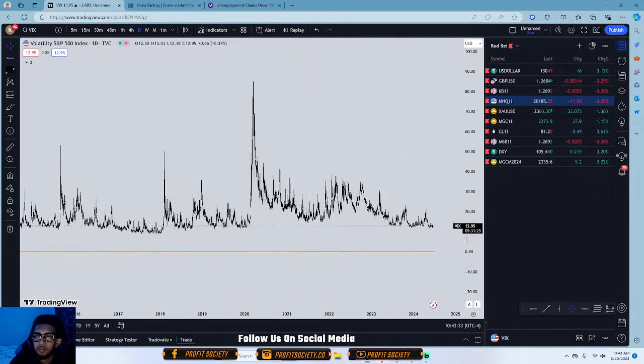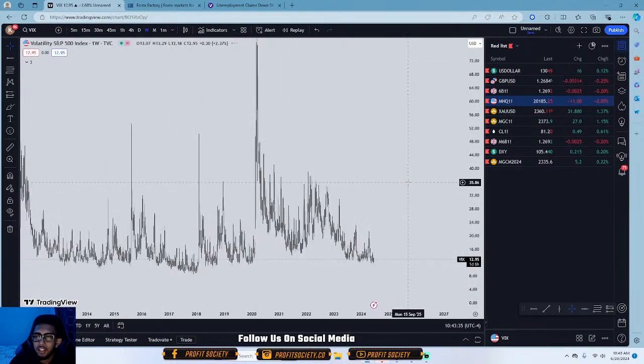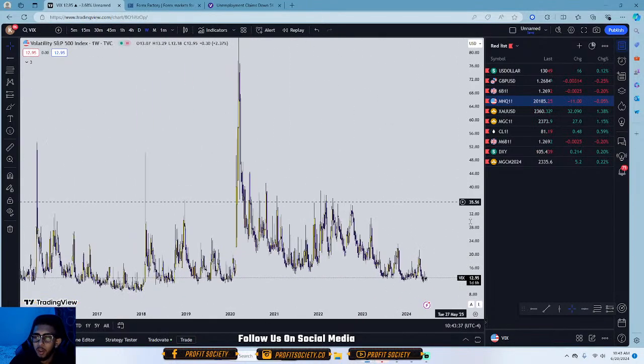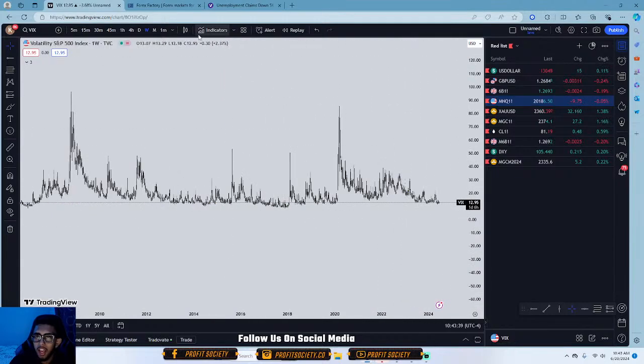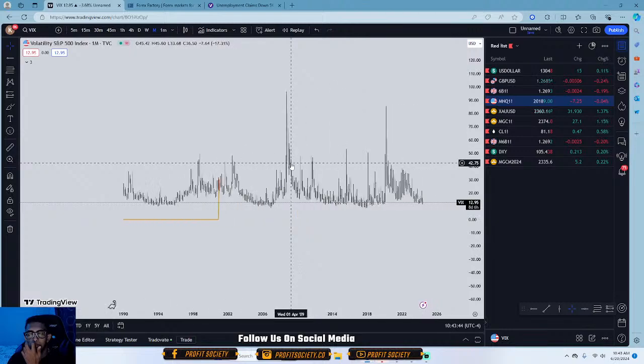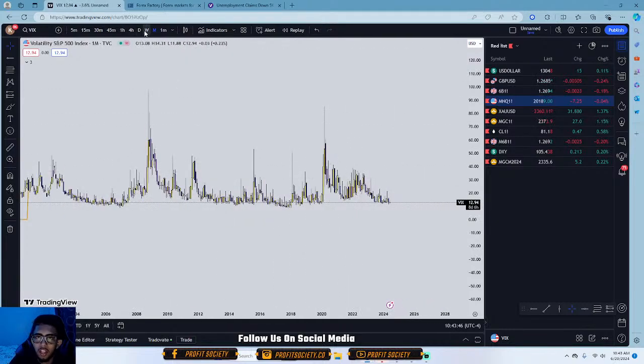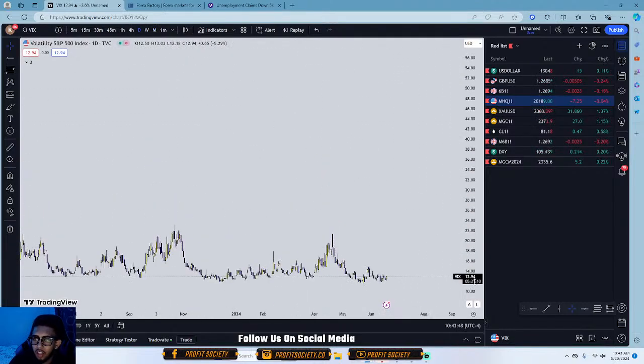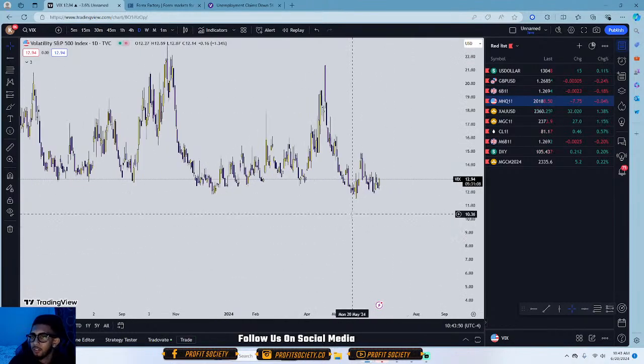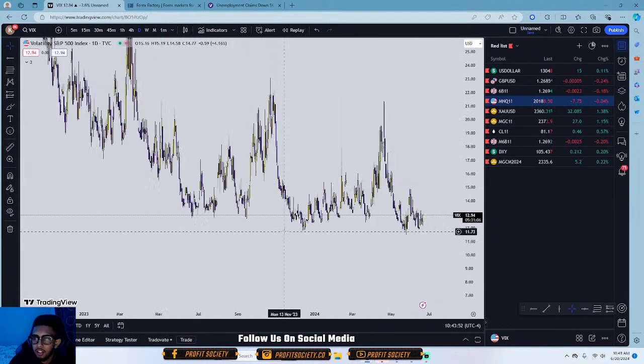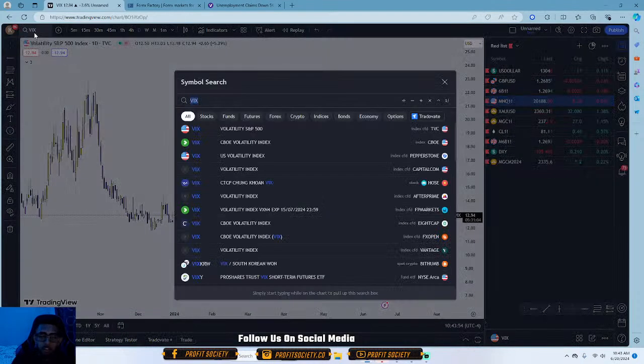And honestly, I look at this, but I don't use it as much as a lot of people use it. The VIX just shows when it's the most volatile. And honestly, I guess it's not even volatile right now.